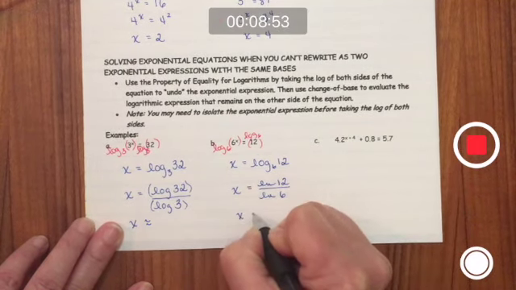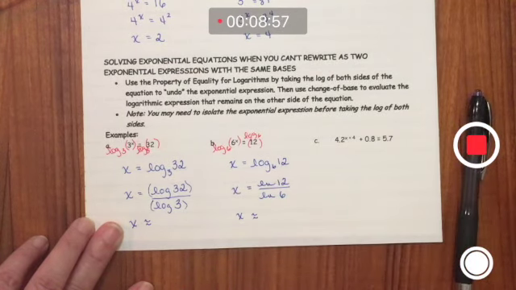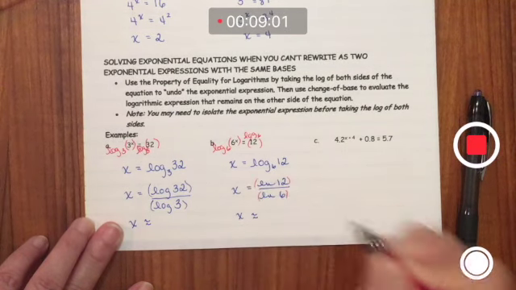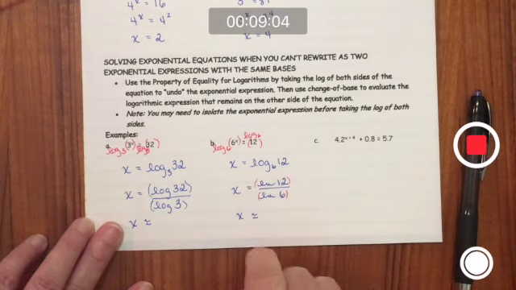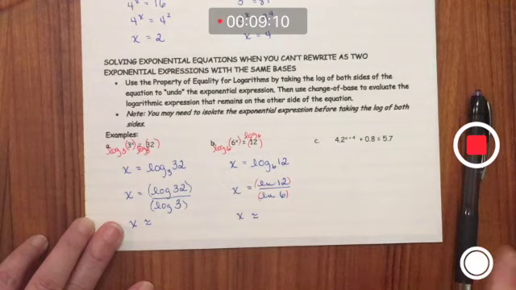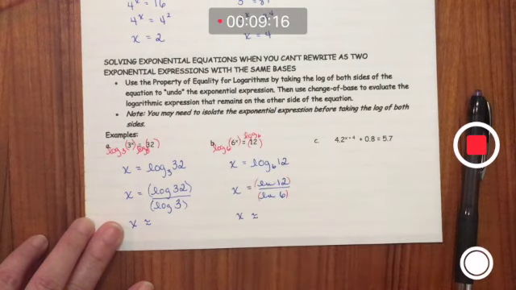And then again, if you're going to put it in your calculator and approximate it with a decimal, you are going to need to make sure that you use parentheses around the entire numerator, then divided by, and then parentheses around the entire denominator. Just like in the examples up here, there are occasions when we're going to need to isolate our exponential expression.